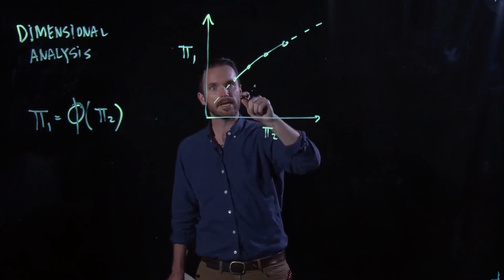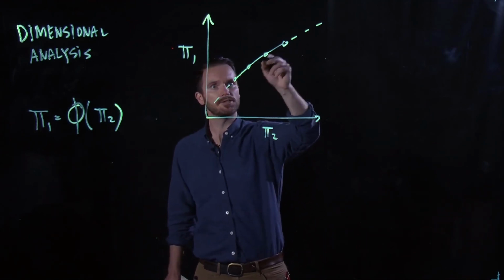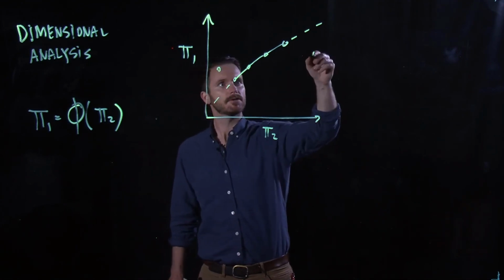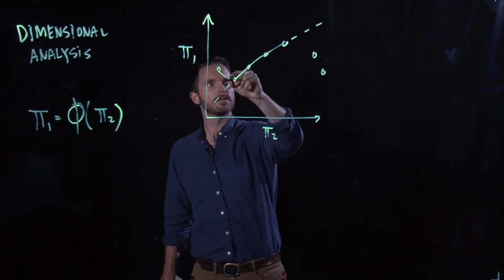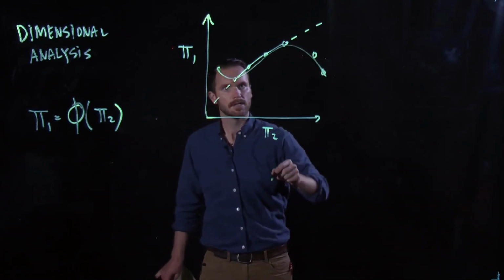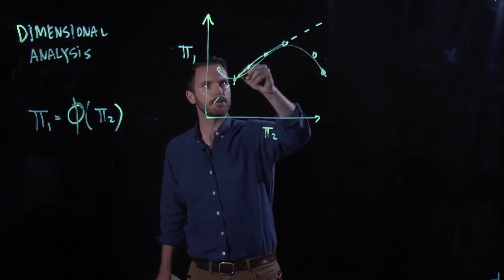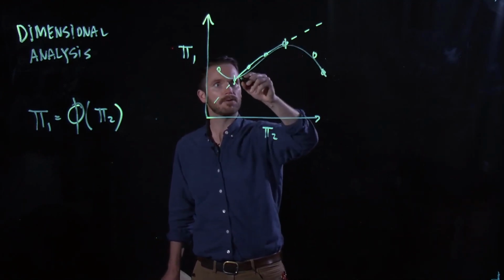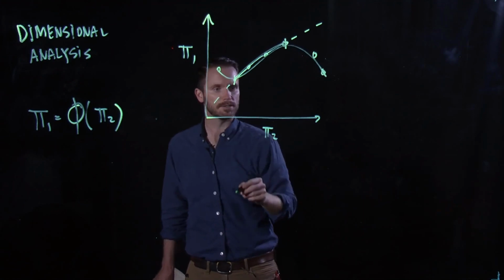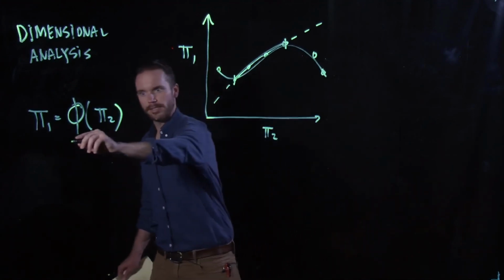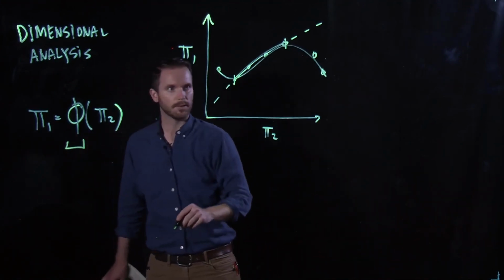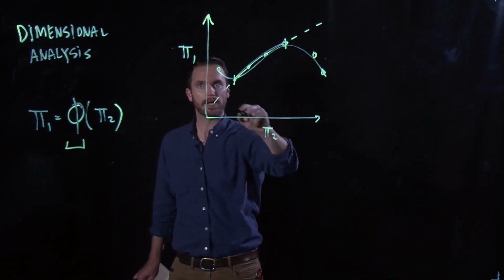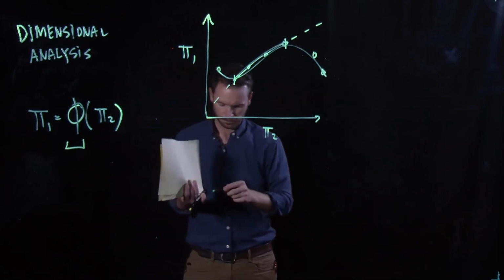You have to be very careful, because this functional relationship, which you've tested experimentally, does not tell you anything there. The functional relationship could have been something like this, right? So you have to be very careful where you interpret this functional relationship, what the lower bound and the upper bound is of this functional equation. It is only valid between the points at which you test, where you vary pi 2 and measure pi 1.